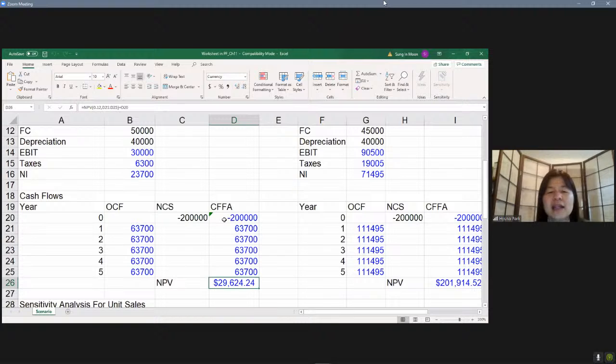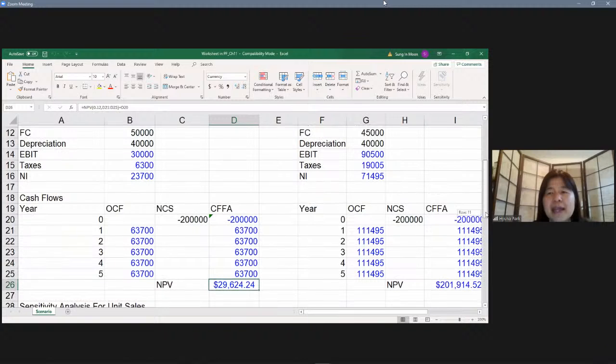And don't forget, when you use the NPV function, you need to just use year 1 to year 5 cash flow, and the initial cash flow should be dealt with separately. So that's how Excel works for the NPV calculation. So this is the base case scenario. So you should be able to do this kind of calculation.